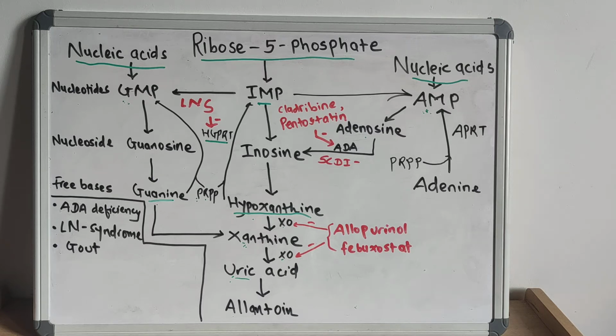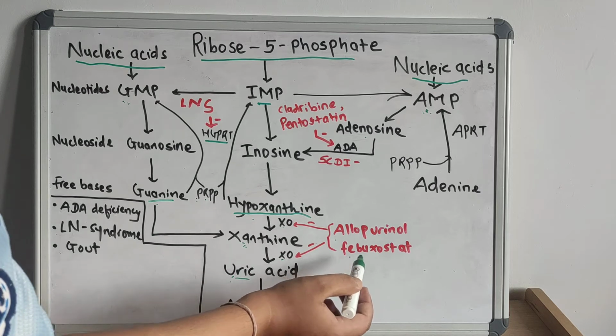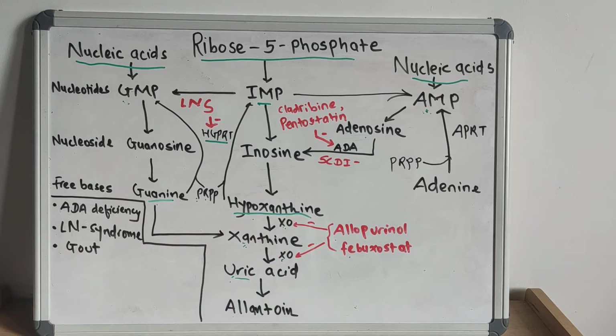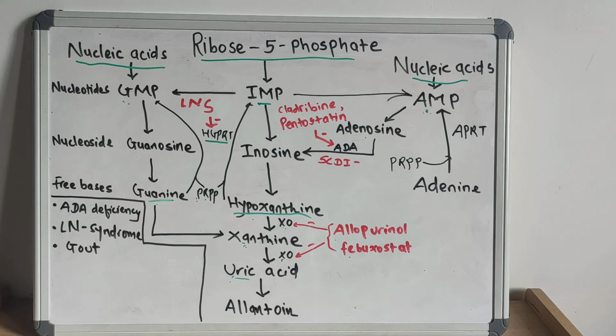to uric acid. Now there are certain drugs like allopurinol and febuxostat, which inhibit the enzyme xanthine oxidase, which helps to decrease the production of uric acid, which is very helpful in gout. Those are allopurinol and febuxostat.